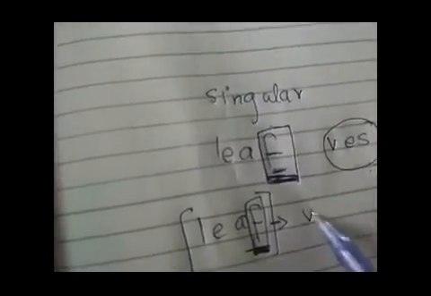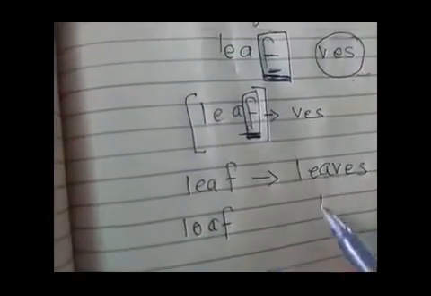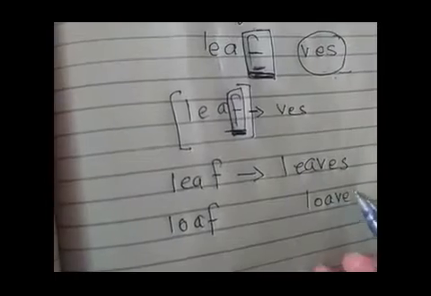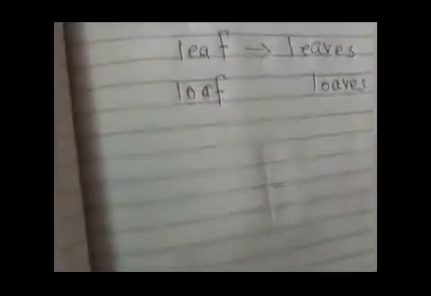For example, leaf, and I want to make it plural. This is a singular leaf, so I need to remove this f. Whenever f comes at the end, you need to replace it with ves. So leaf would become leaves. Loaf would become loaves.